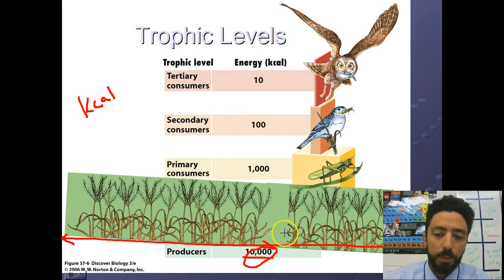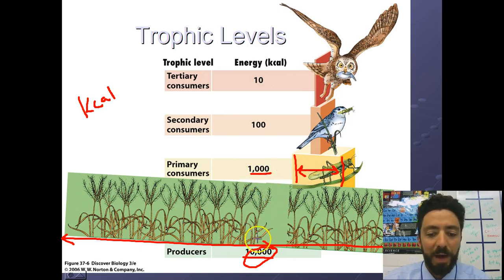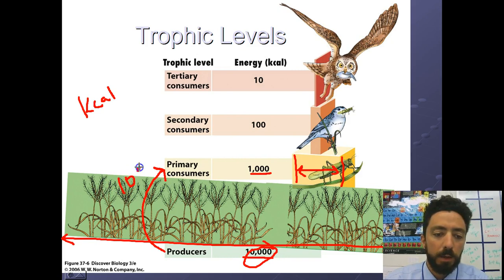As we move up, our second level, the primary consumers, or the grasshopper, this box here is a much narrower box. And if you look at the number of kilocalories available, that's only 1,000. Something to note here, what goes on is at each energy level transformation, so as we go from producers to primary consumers, only 10% of that energy is remaining.